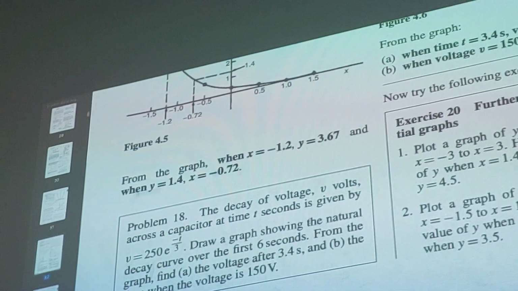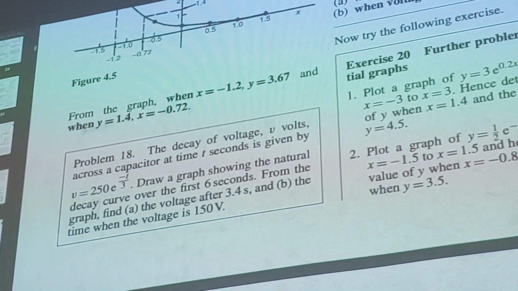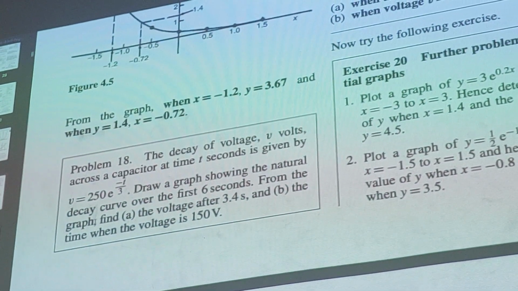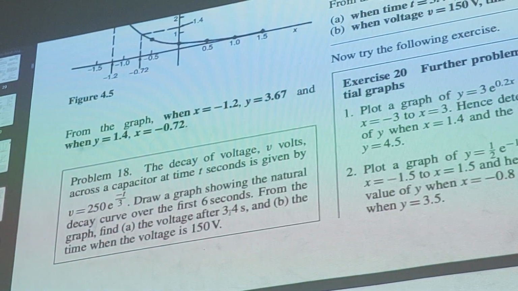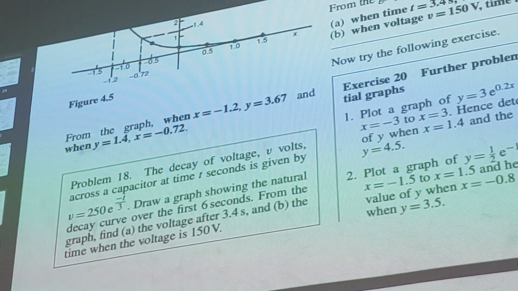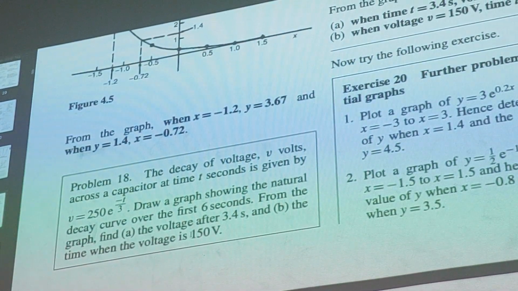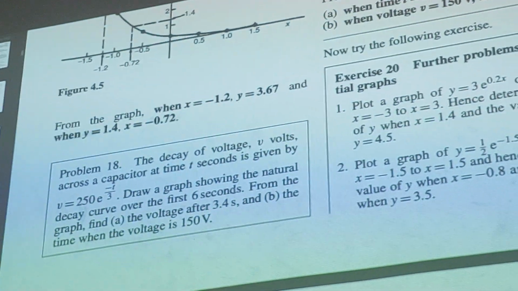Draw a graph showing the natural decay curve over the first 6 seconds. From the graph, find A, the voltage after 3.4 seconds, and B, the time when the voltage is 150 volts.